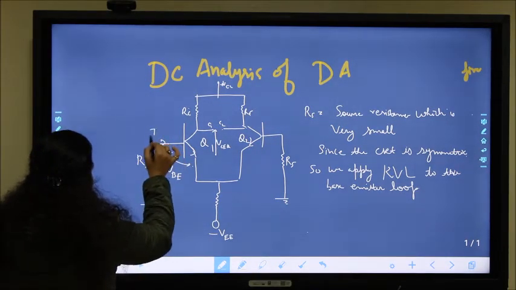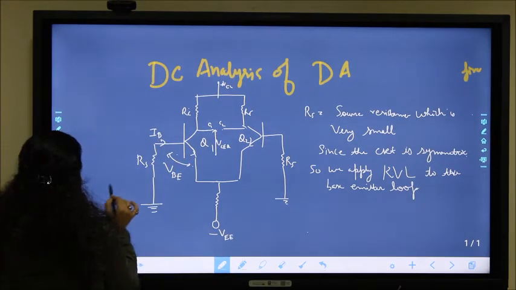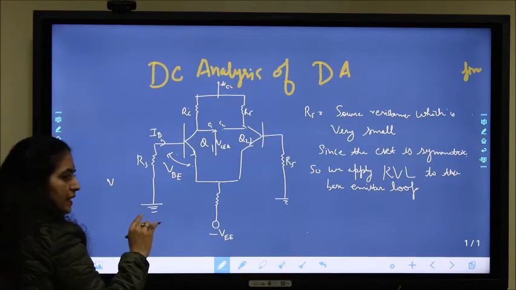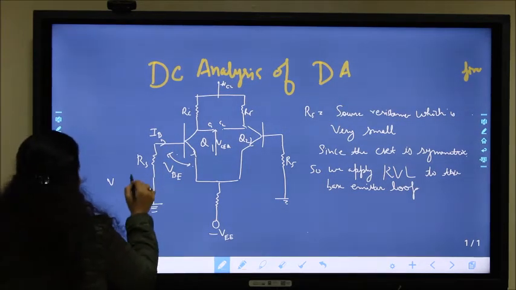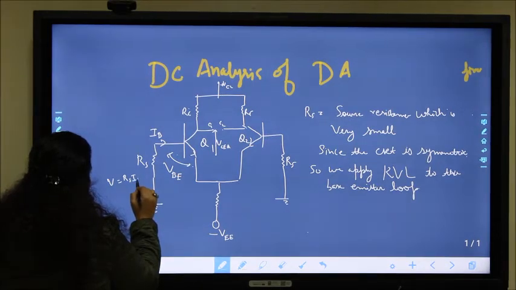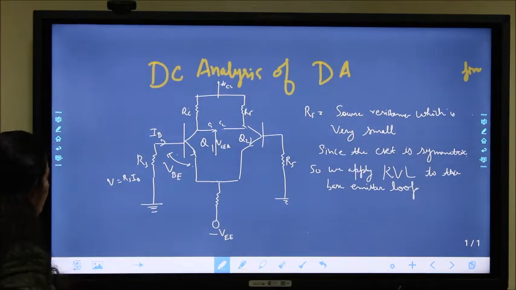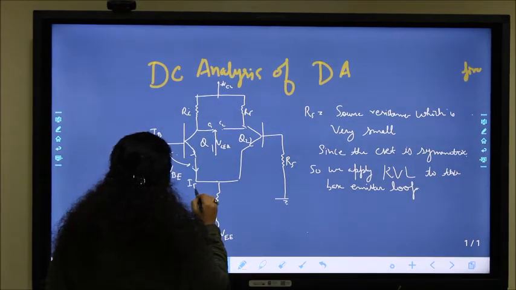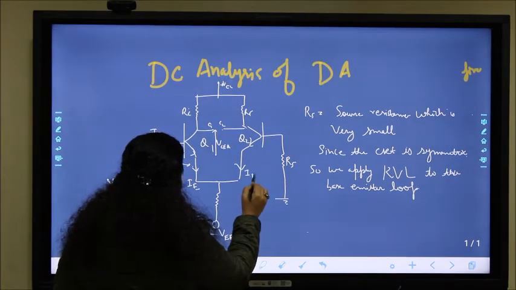Since IB is the base current, according to Ohm's law V equals IR, so the voltage drop across RS is RS IB.